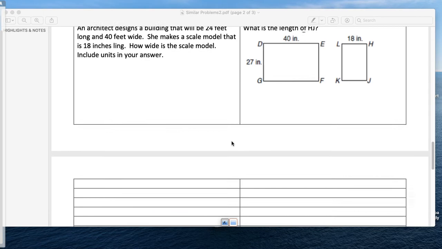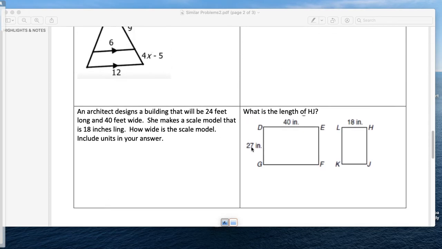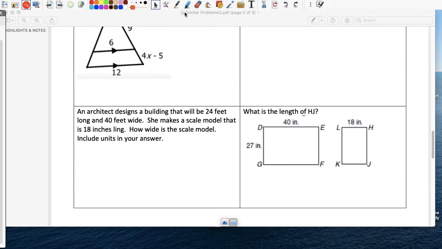Okay, last two problems, great. An architect builds a building that will be 24 feet long and 40 feet wide. Here's the building, 24 feet and 40 feet wide. She makes a scale model that is 18 inches long.